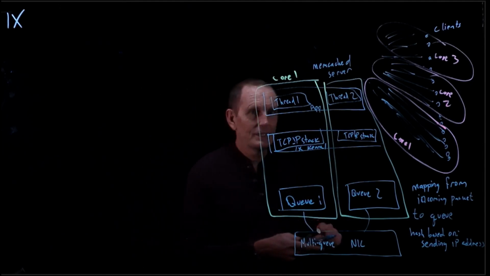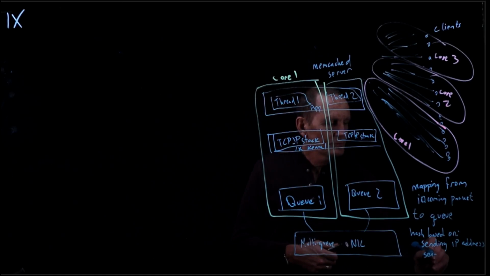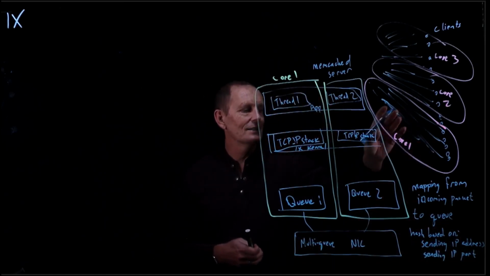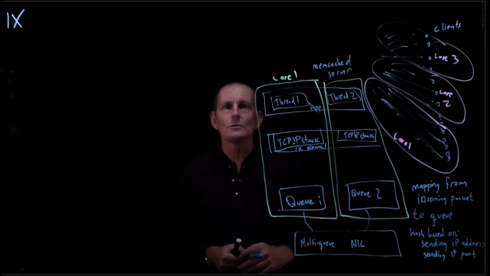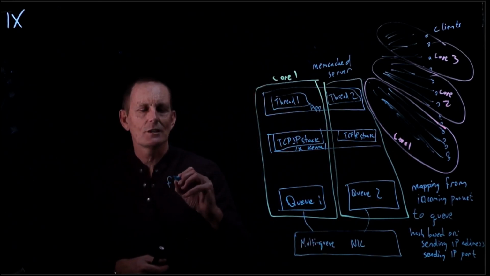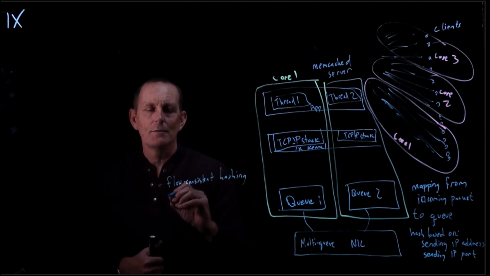So yeah, we're based on the sending IP address and the sending IP port. So those two then used as a consistent hash to decide which queue it goes to. This is sometimes called flow-consistent hashing, or, and I don't really understand the naming for this, receive-side scaling.